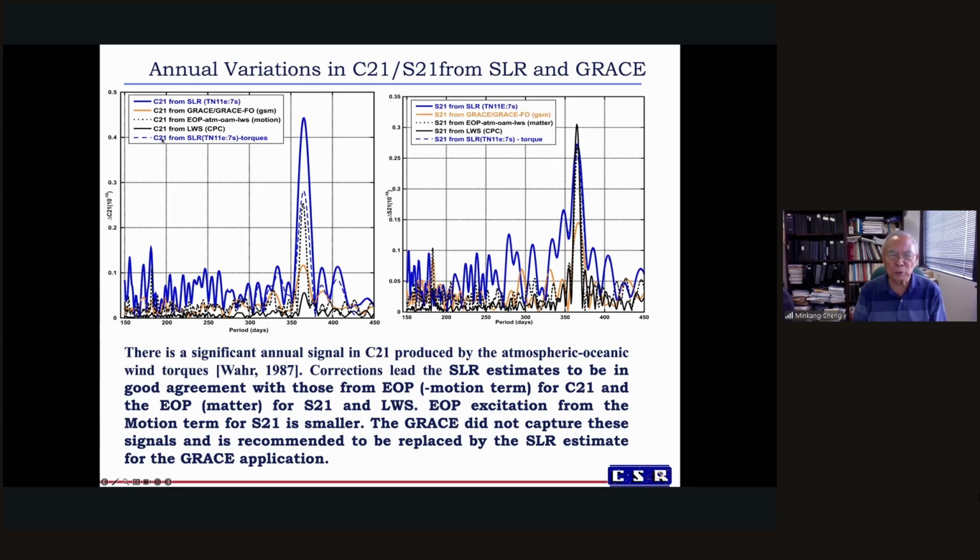If you look back at what John already analyzed about the torque from the atmosphere, if we subtract the torque effects and compare to the EOP, both EOP, still the GRACE signal is smaller.